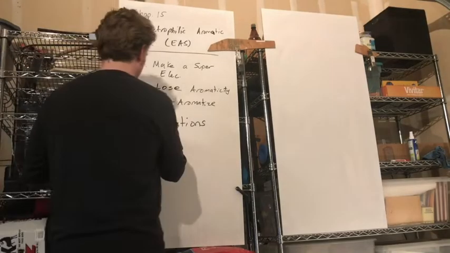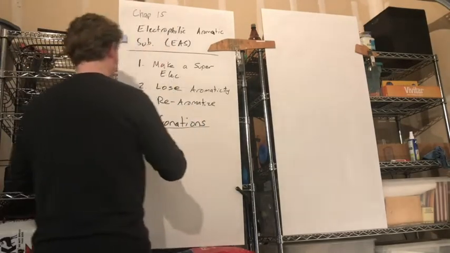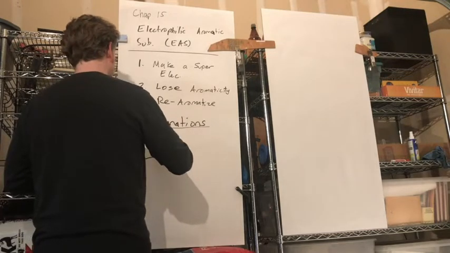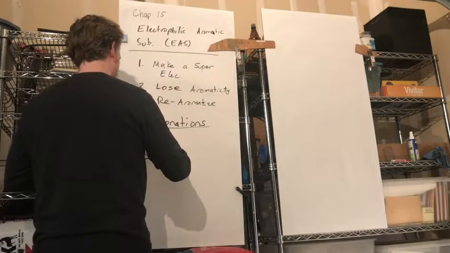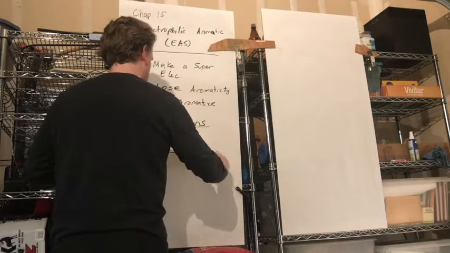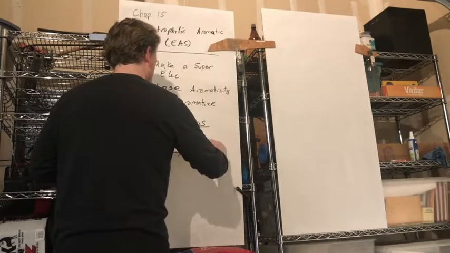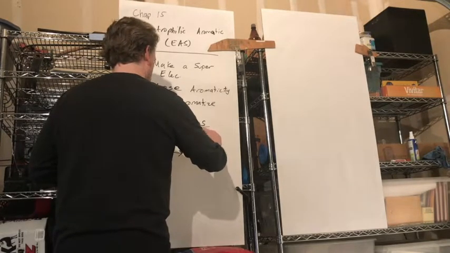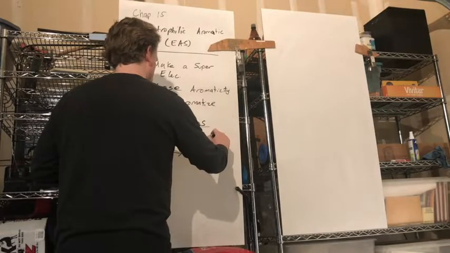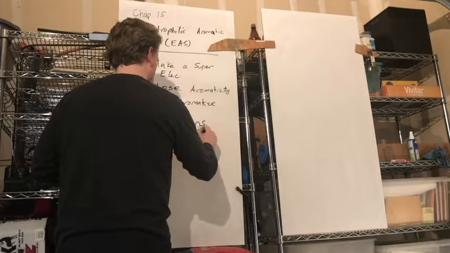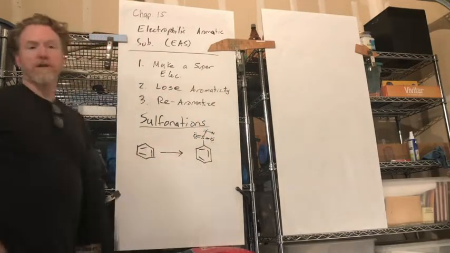Next up, sulfonations. So for this one, we start with benzene again. And we're going to make a sulfonic acid. Similar to our tosic acid.